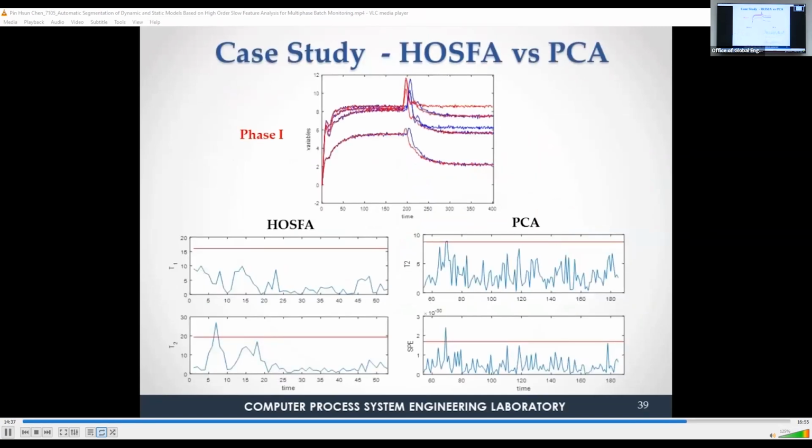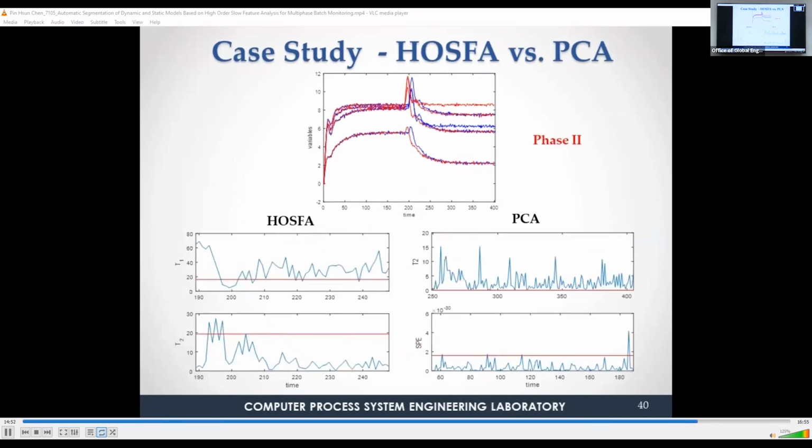In phase 1, ML, HO, SFA, PCA did not detect errors because phase 1 doesn't have errors, so this result is reasonable. In phase 2, ML, HO, SFA, PCA can find the fault, and this result is very good.